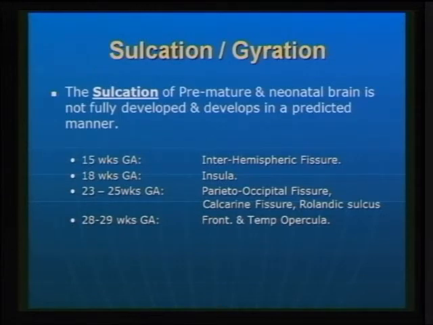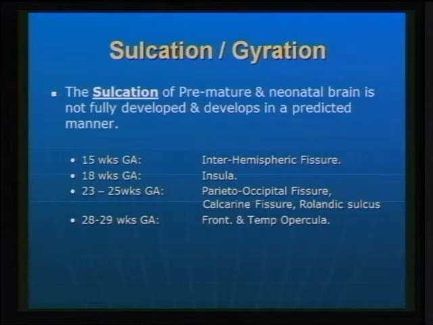Sulcation and gyration is also another interesting part of brain development because it also has its own milestones and stages that it goes through. Sulcation in the premature and the neonatal brain is not fully developed and develops in a predictable manner. At 15 weeks of gestation, there's only the interhemispheric fissure.